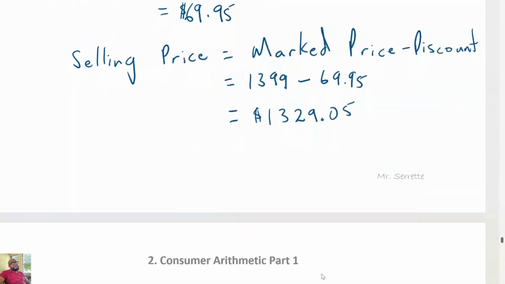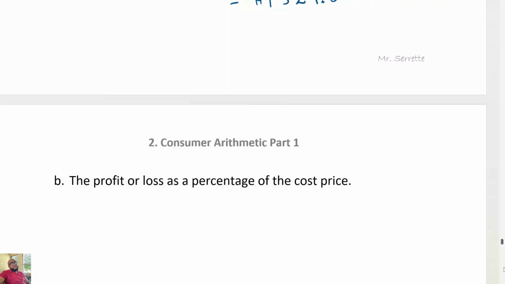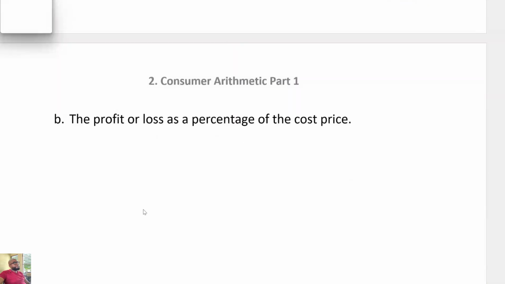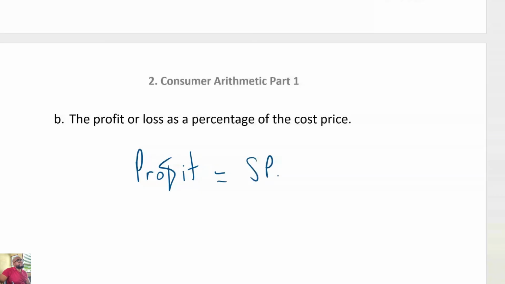Let's see what they're asking for us next. I want the profit or loss as a percentage of cost price. So the first thing I must do is find the profit. It's a profit, because my selling price is greater than my cost price. So your profit will be equal to your selling price minus your cost price.